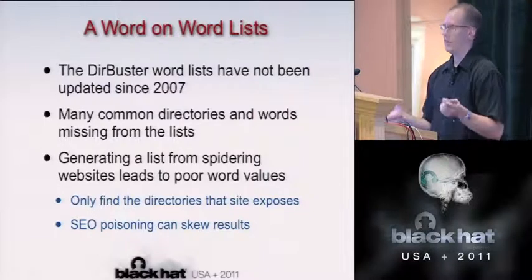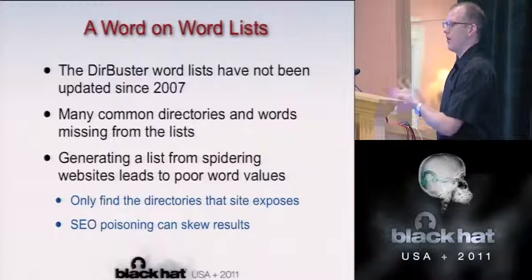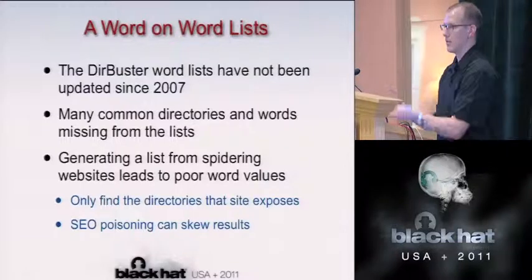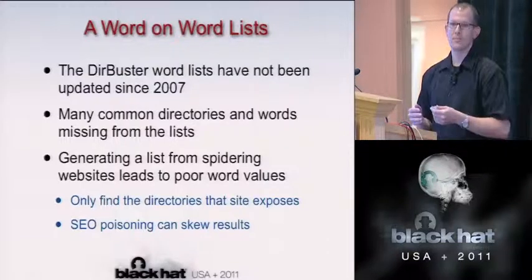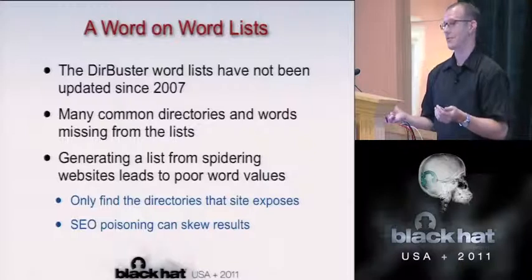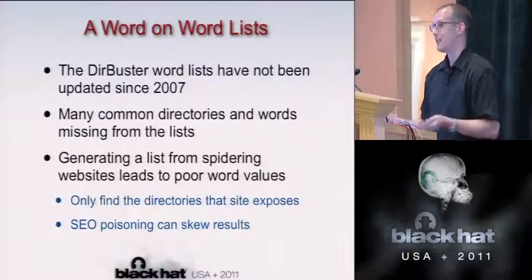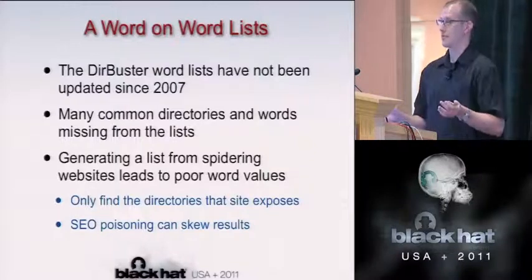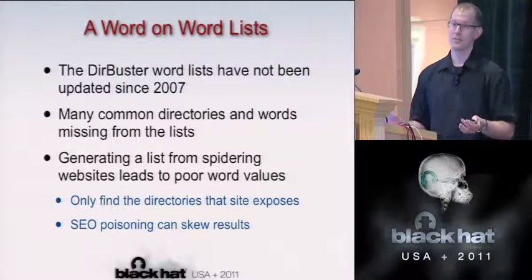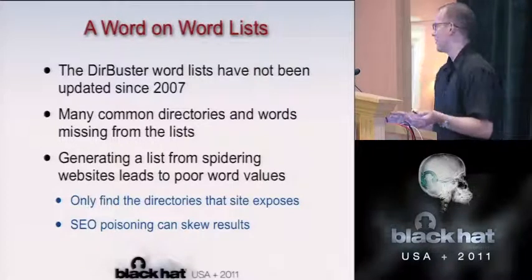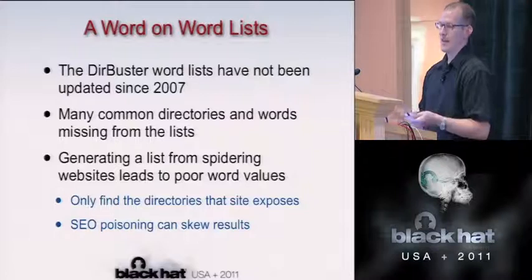On a normal assessment of an enterprise application, you're not going to find a lot of Cialis directories. And if you do, they have way bigger problems. They need to be doing some forensics on that box. So we want to move past that.